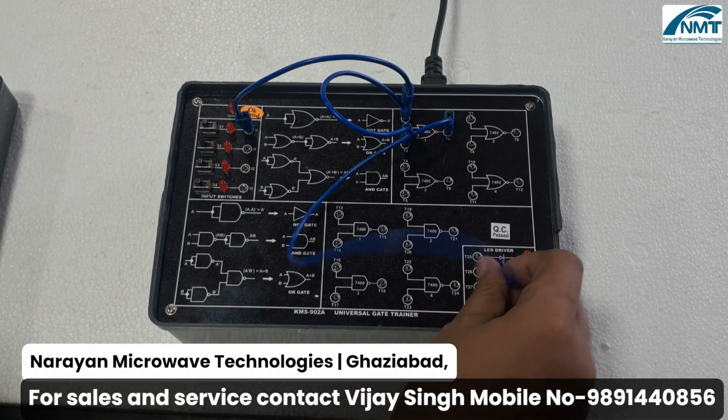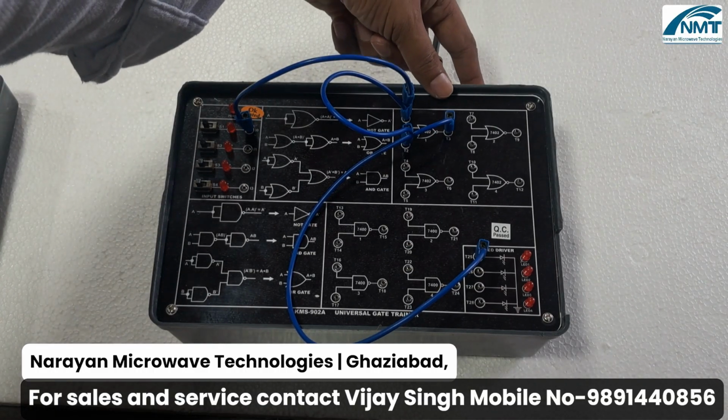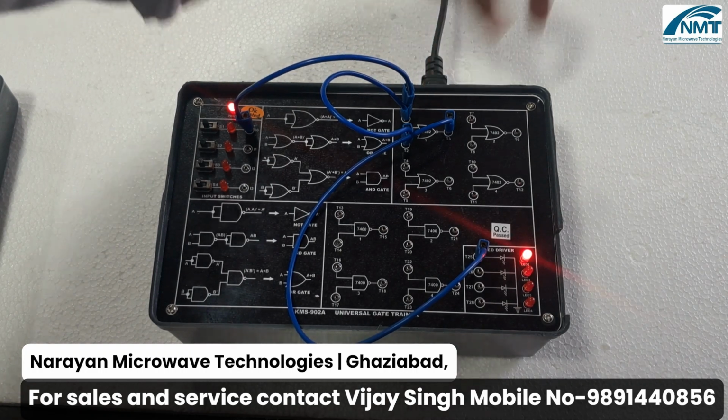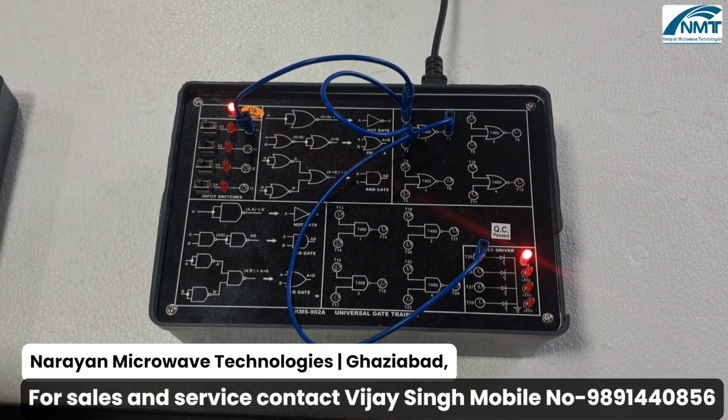Any of the 4 LEDs you can use. So this is the connection for the NOT gate. Let's turn on the trainer using the on-off switch, which is at the rear end of the trainer. Here, it will display the power LED.